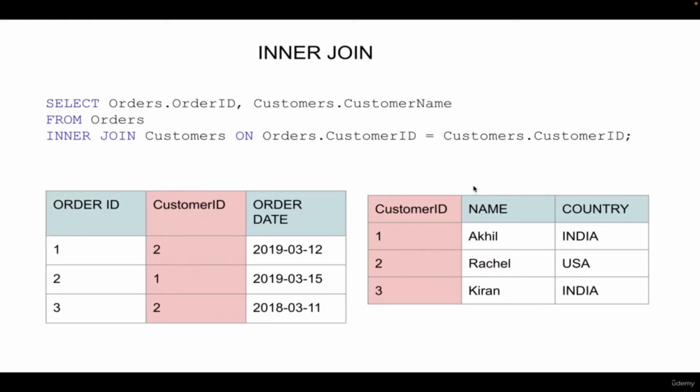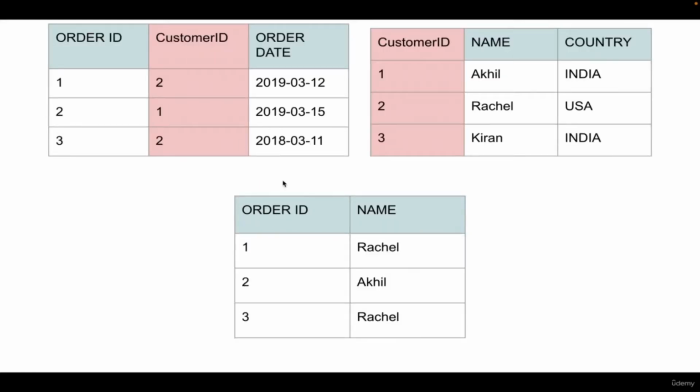So now if we run this query, we will have the order ID and the name based on the matching column, that is customer ID. For order ID 1, it will be matching with this 2. The name is Rachel, so it gets printed here. That's how this table will be populated.